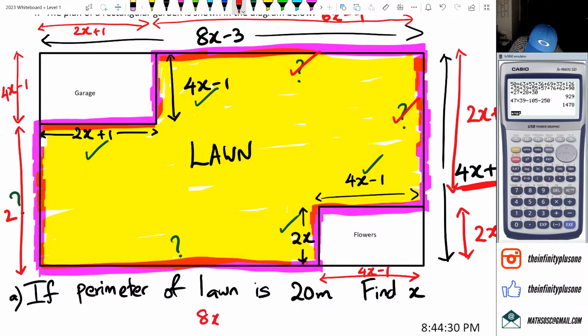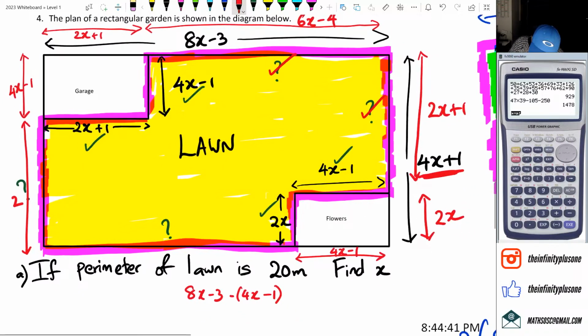So we're going to go 8x minus 3 minus, I've got to put that in a bracket, 4x plus 1. And then that will be 8x minus 3 minus 4x plus 1. So this distance here is going to be 4x minus 2.